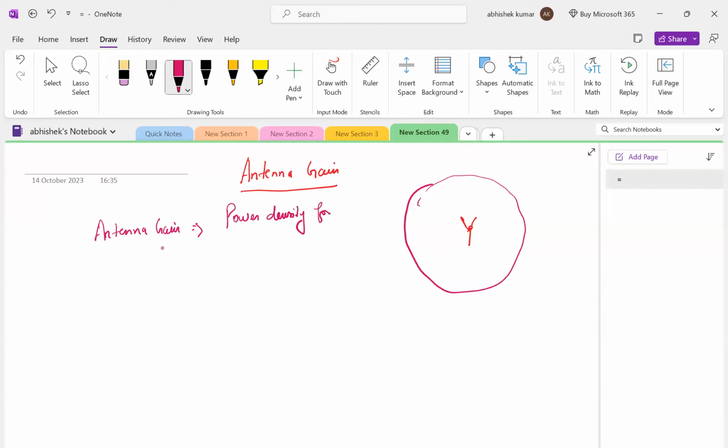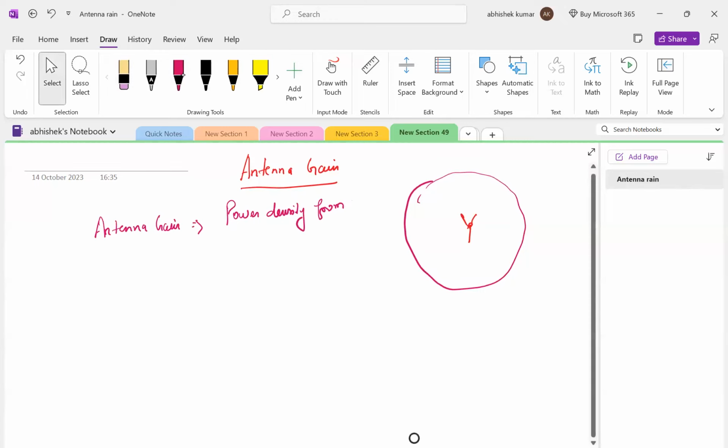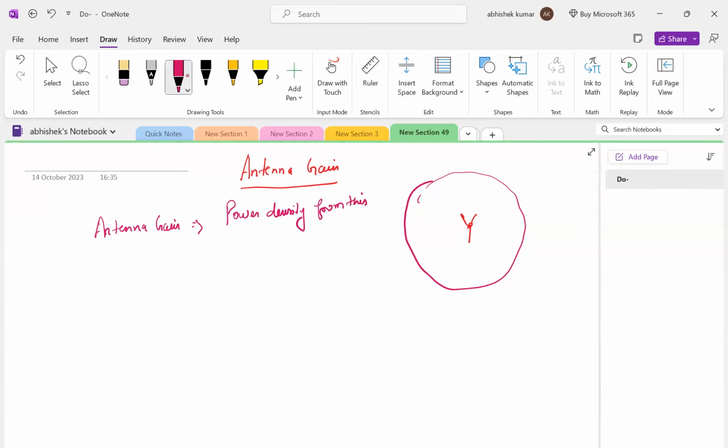Power density from this antenna with power density from an isotropic antenna.